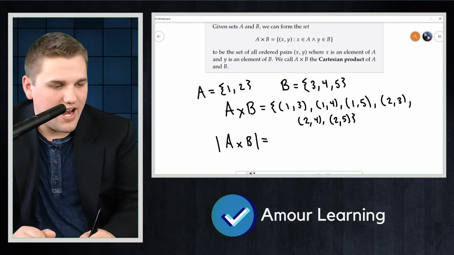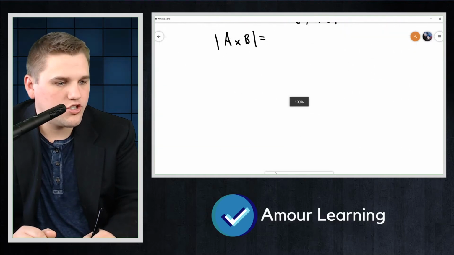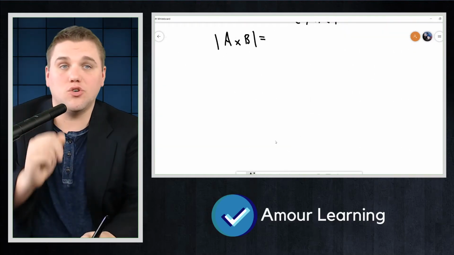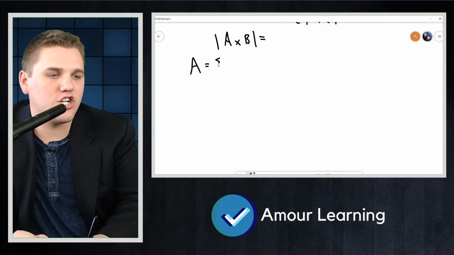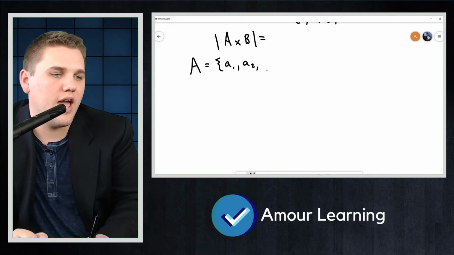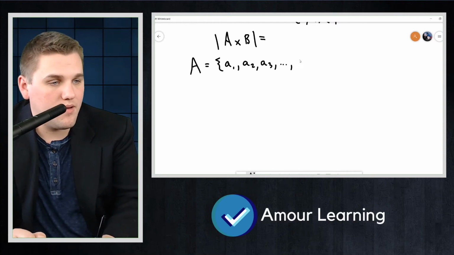To do that, we first have to write our set A as just a generic set of elements: A1, A2, A3, all the way up to AM.